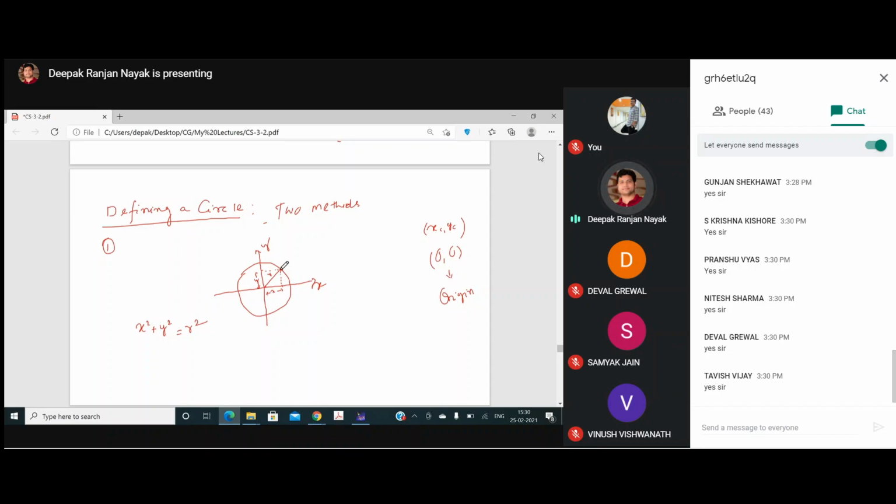The X coordinate is X. So what is the Y coordinate at this particular position? How can you calculate the Y value? Square root of r square minus x square. I can calculate Y square is equal to R square minus X square.